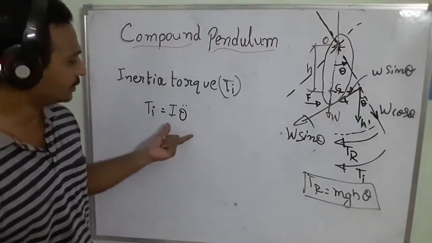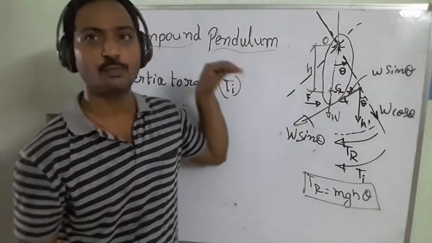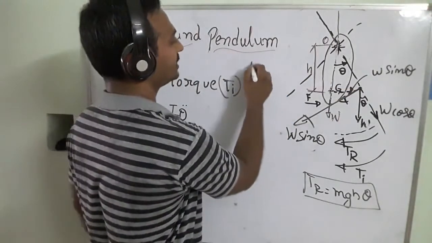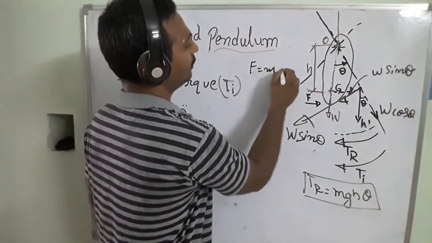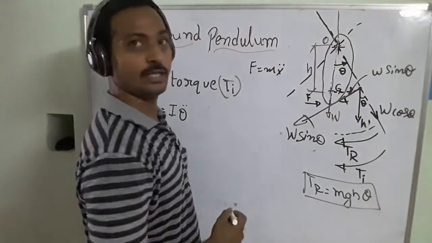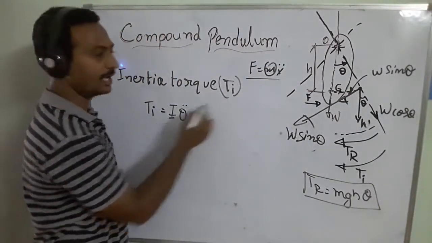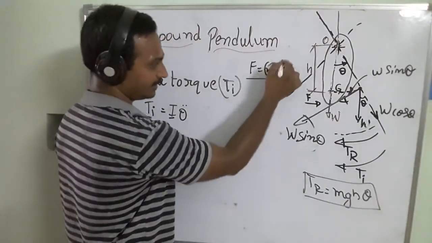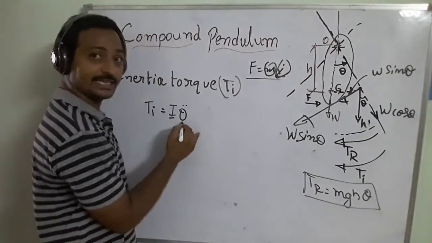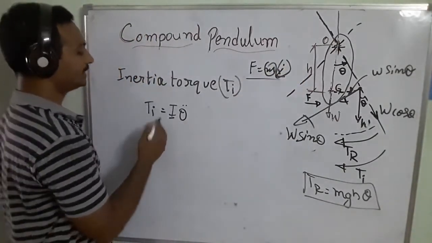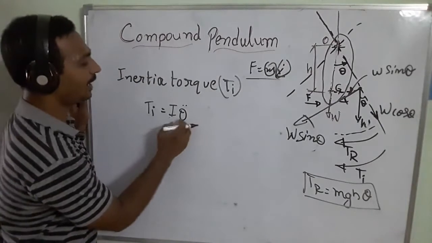As we know, if the object is moving in the linear direction, F is equal to m into acceleration. In the same way, here the mass quantity is the mass moment of inertia, and the acceleration is the angular acceleration. So Ti is equal to I into angular acceleration.